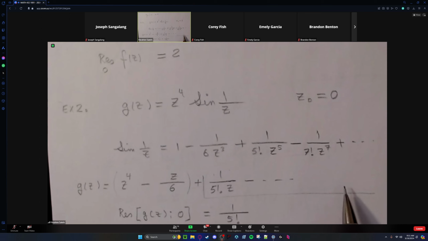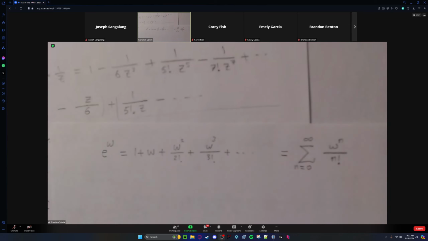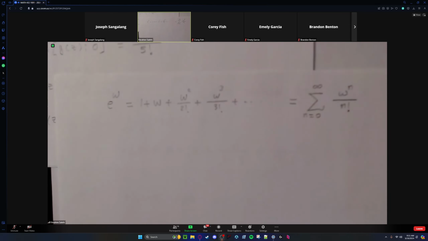But we need the coefficient of 1 over z. Why? Because that is going to give us the residue. Why is residue important? Because by the residue theorem, it will give us the value of an integral.